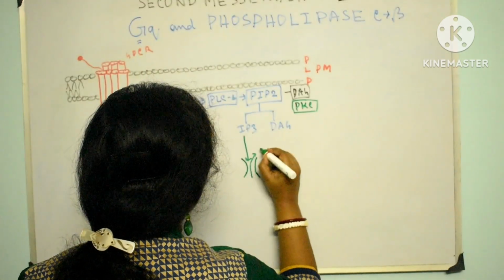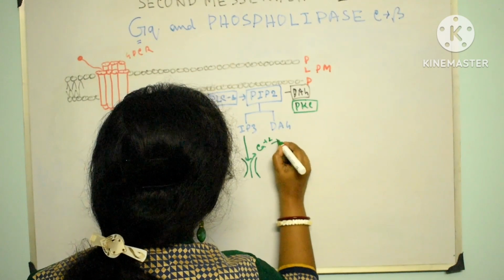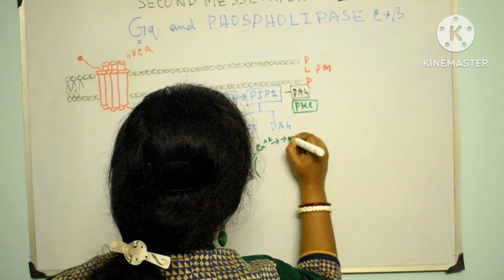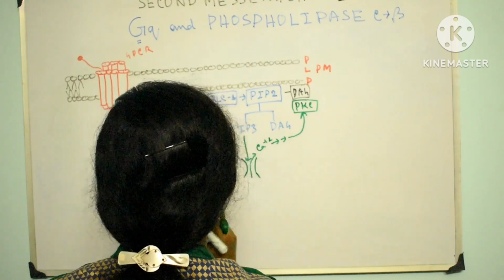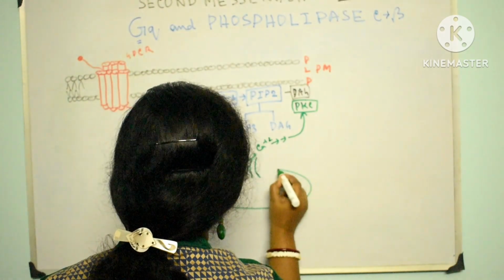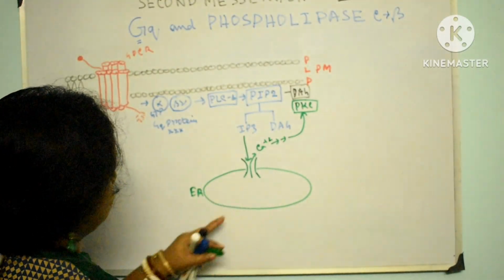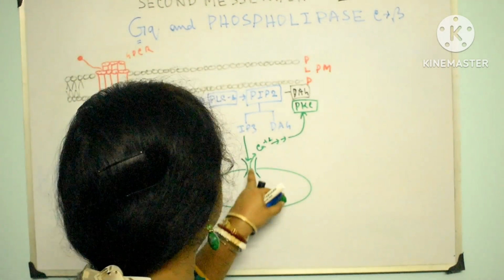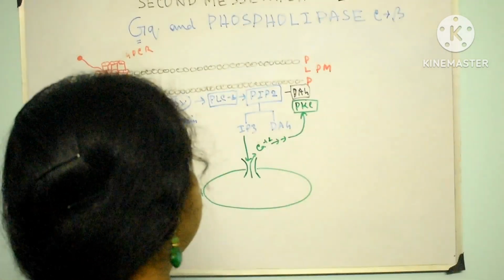This channel is open now and calcium is released, and this calcium is going to activate the process which I have already described to you. Here this one is the ER, endoplasmic reticulum, from which calcium is released as the ligand gated calcium ion channel opens.